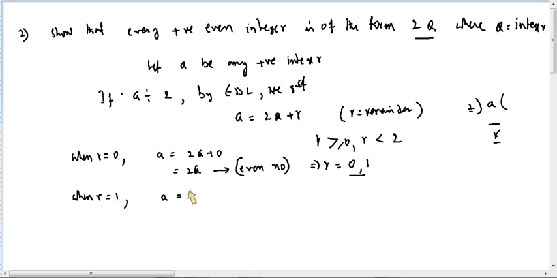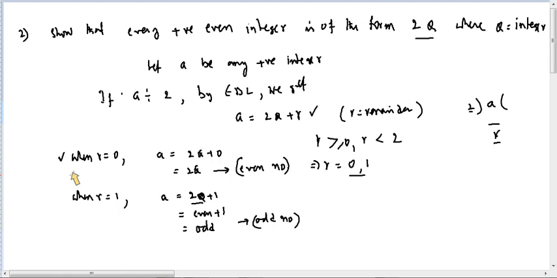Now in the same way, let us check at r is equal to 1 also. Then a is equal to 2q plus 1. Now 2q is already an even number and plus 1, so any even number added by 1 will become an odd number. So here in this case, this is an odd number. Now in this equation, there are two values for r, 0 and 1.